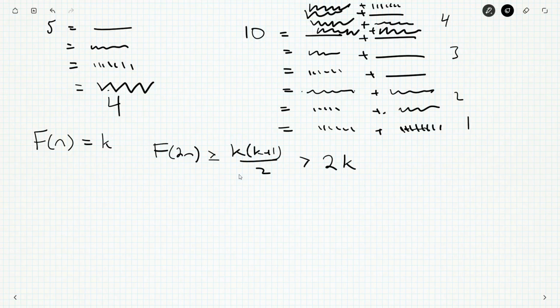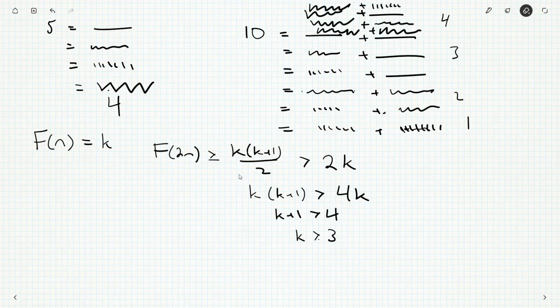So k plus 1 would have to be bigger than 4k. And where would we get to? So then that would mean k plus 1 has to be bigger than 4, but k has to be bigger than or equal to 3. And I think that's okay because... no, I think there's a little bit more missing here.